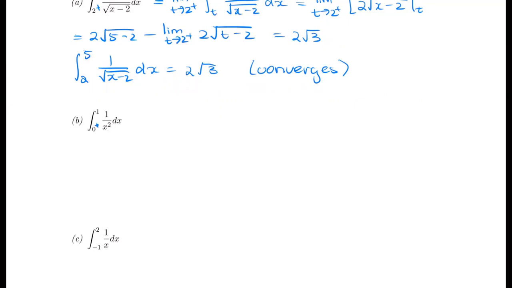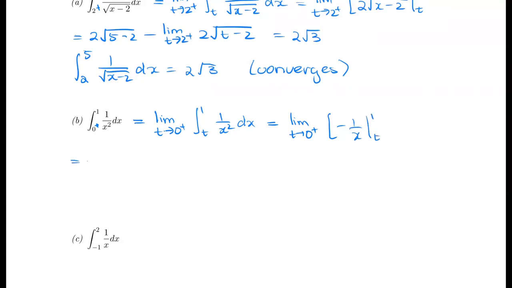So meaning we have to see what happens as we approach 0 from the right of the integral from t to 1 of 1 divided by x squared. All right, so this integral we calculated before, it is the limit as t approaches 0 from the right of negative 1 divided by x from t to 1.